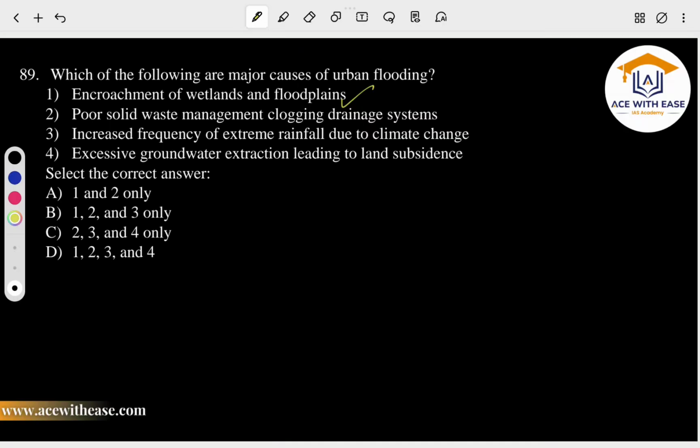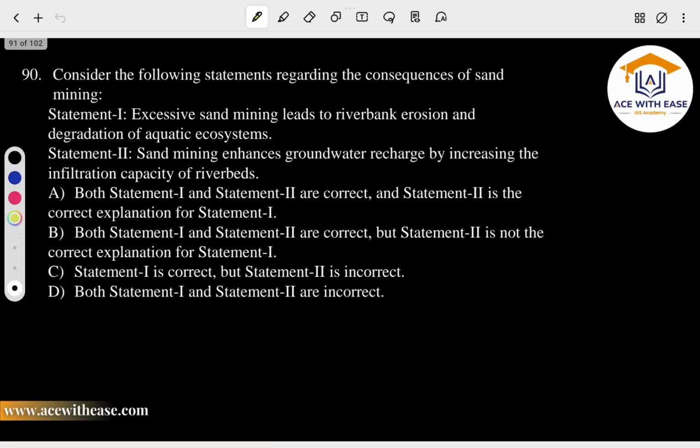Poor solid waste management and clogging of the drainage system: yes. Increased frequency of extreme rainfall due to climate change: yes. Excessive groundwater extraction leading to land subsidence: yes. All the statements are contributing to urban flooding.